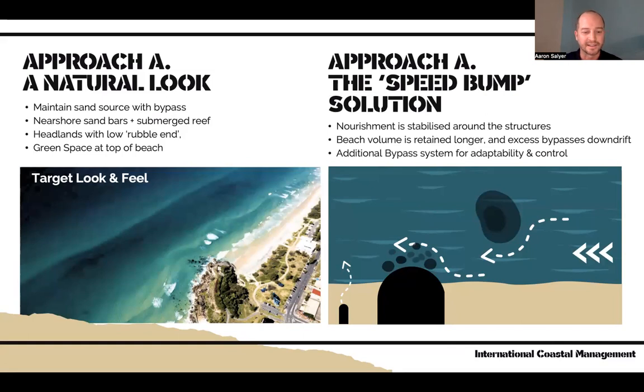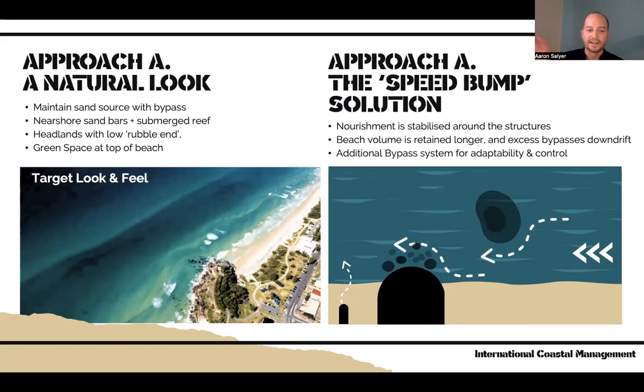Here you can see an actual natural example of what we're talking about. It's a little headland with some rocky outcrops, some sandbars, and dune vegetation that goes along the top of the beach. And on the right-hand side is a very simplistic version of what we're calling the speed bump approach.